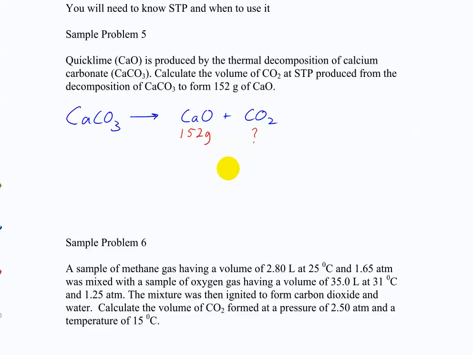So what do you think we do first? Find out moles. That always seems to be the first thing, right? That's good. It is always the first thing, pretty much. So 152 grams of calcium oxide times, let's see, calcium's about 40 and oxygen's 16. So that's going to be 56 grams per 1 mole.